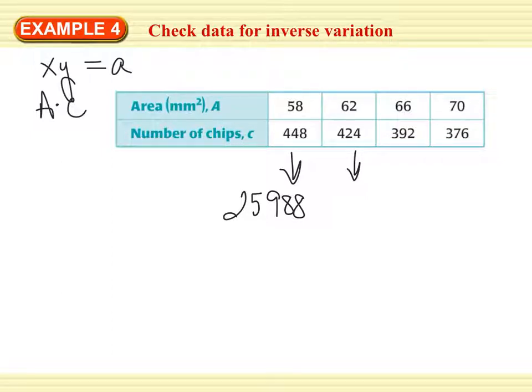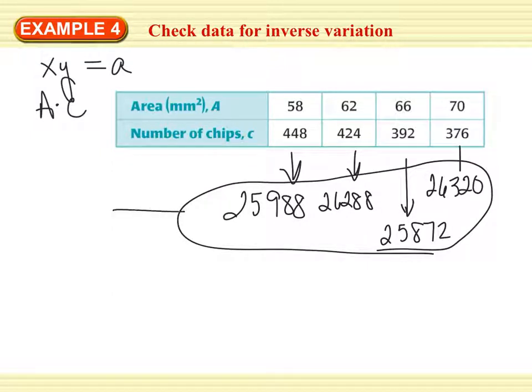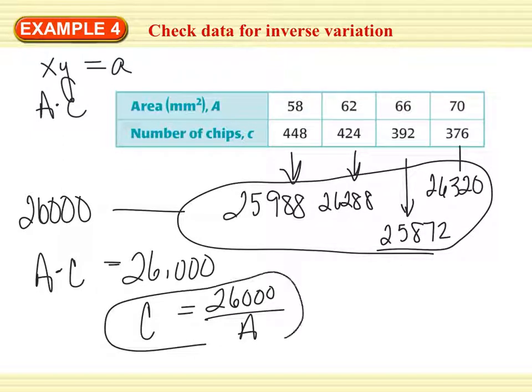All right, so we can see that each product right here is approximately 26,000. I know we're estimating here. So the data shows an inverse variation. So we can say that A times C is approximately 26,000, or C equals 26,000 over A. So that would be a good model for the data, right? Sorry, that's an O.